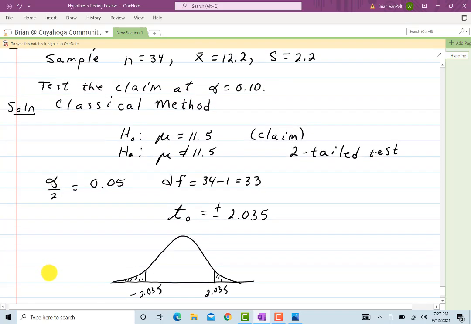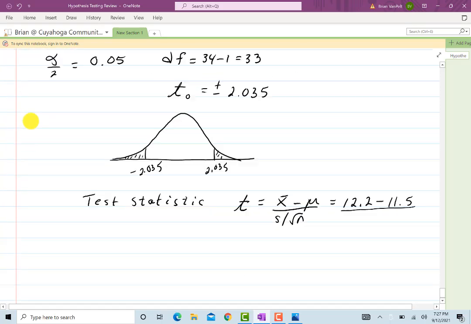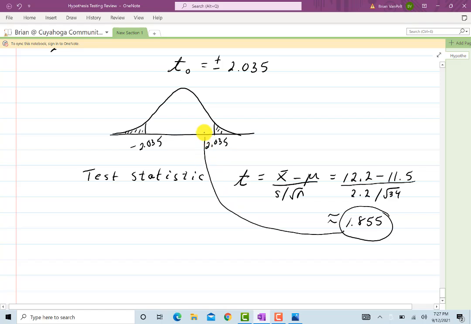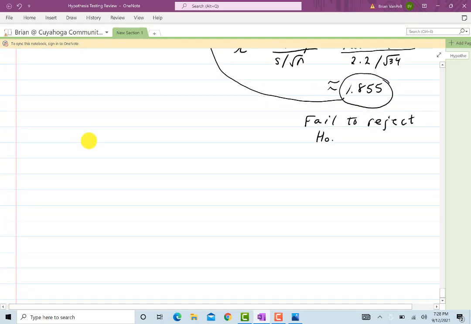We can see that. S will be 2.2 and n will be 34. I get about 1.855. So if I look here, it is right around there. So we see that we fail to reject H naught. And then to finish it off, let's go ahead and do a p-value computation.